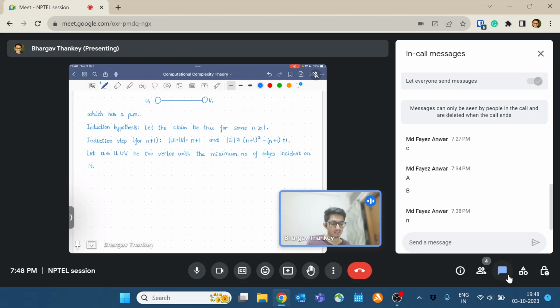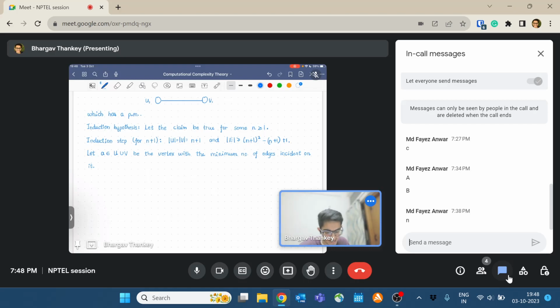Since it has the minimum number of edges incident on it, if you want to consider a perfect matching, it makes sense to match this vertex first, because if you were to start with some other vertex, it is possible that by the time you reach this vertex, you would have exhausted all of its neighbors, right? So it makes sense to start with a vertex with the minimum number of edges incident on it.